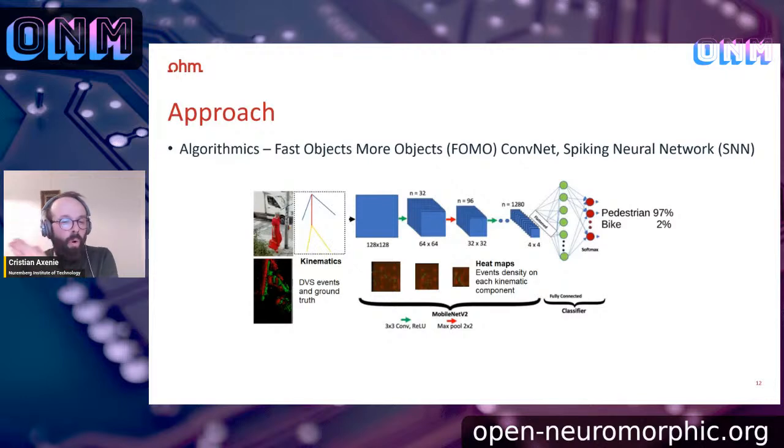And what's important also to mention is that we embedded a physics model of the pedestrians. So we embedded a skeleton. And now, for the sake of clarity, each of the events coming from the camera were matched to the three segments we defined: the arms, the trunk, and the lower body.